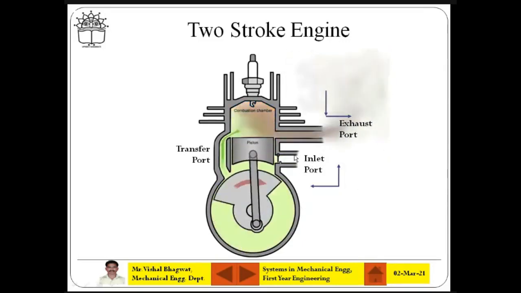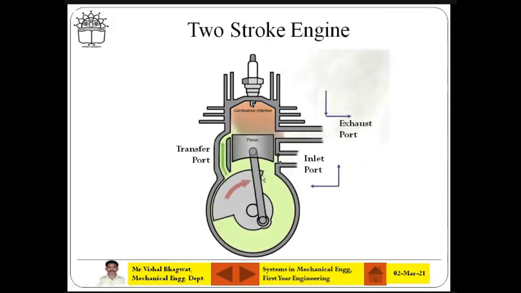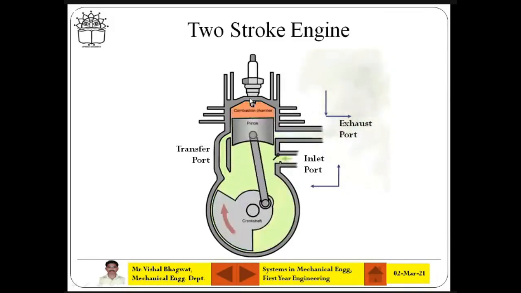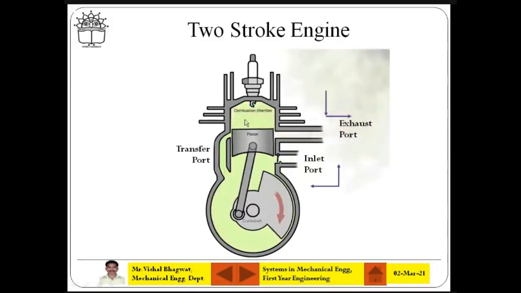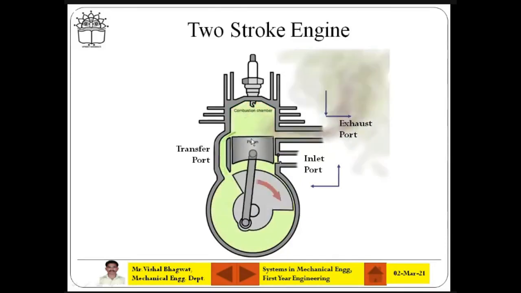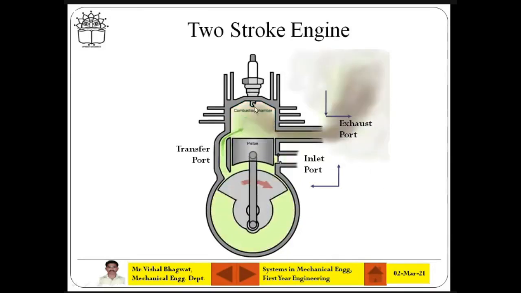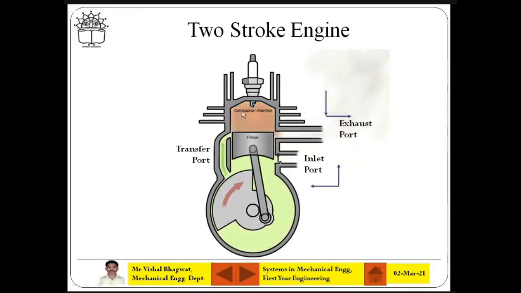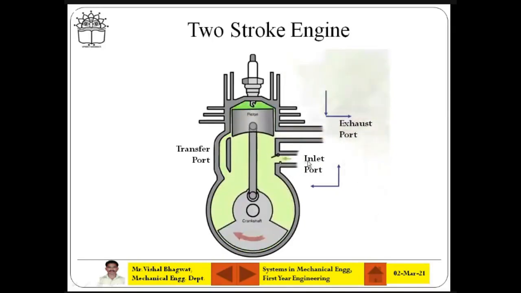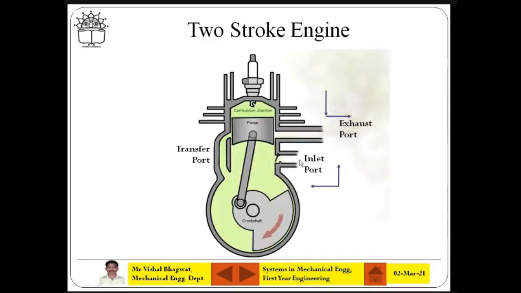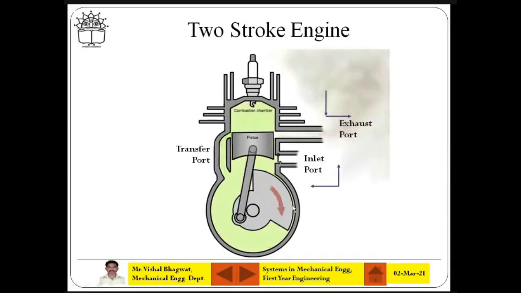Please be with me. In the first stroke, when the piston is going up, at that time in the combustion chamber, whatever fuel came from the transfer port is getting compressed. See, when the piston is going up, fuel is getting compressed here, so it is the compression stroke. And when the piston is going up, the inlet port is open and fuel is getting sucked into the crankcase.